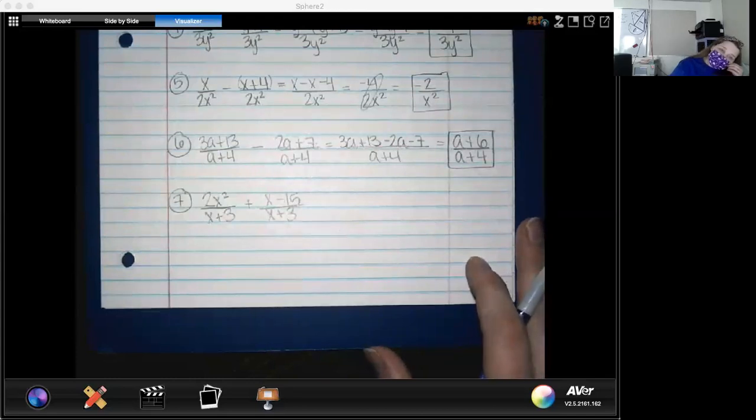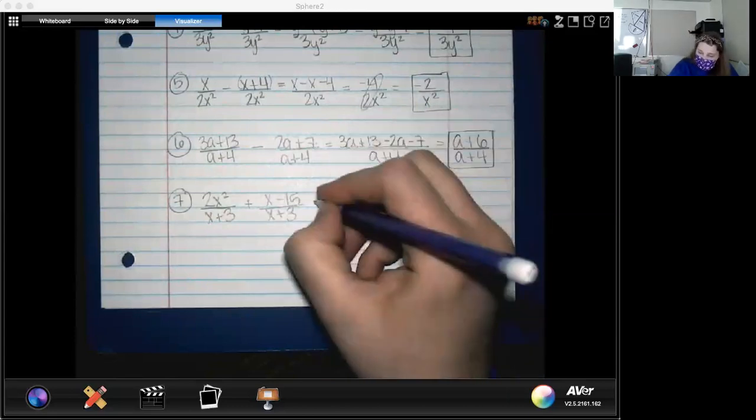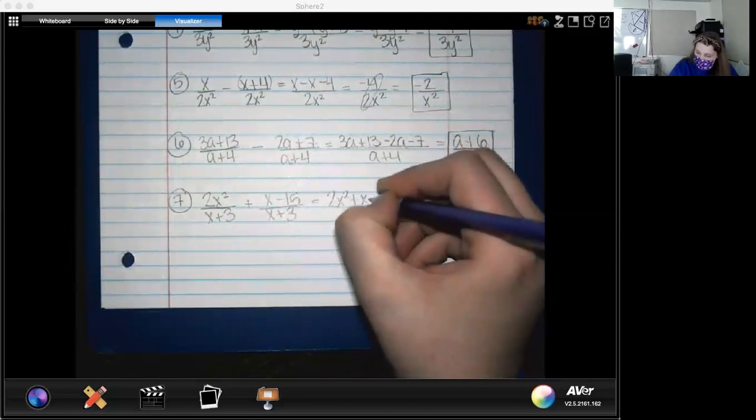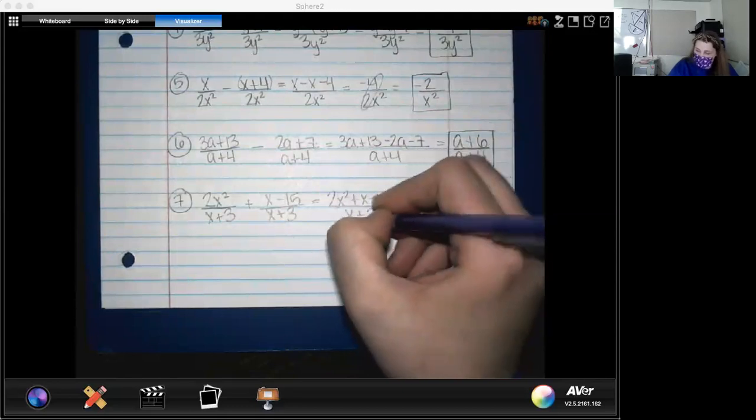So when you're adding multiple terms, does that affect us like it does when we're subtracting? No, we just add across. So I get 2x squared plus x minus 15 divided by x plus 3.